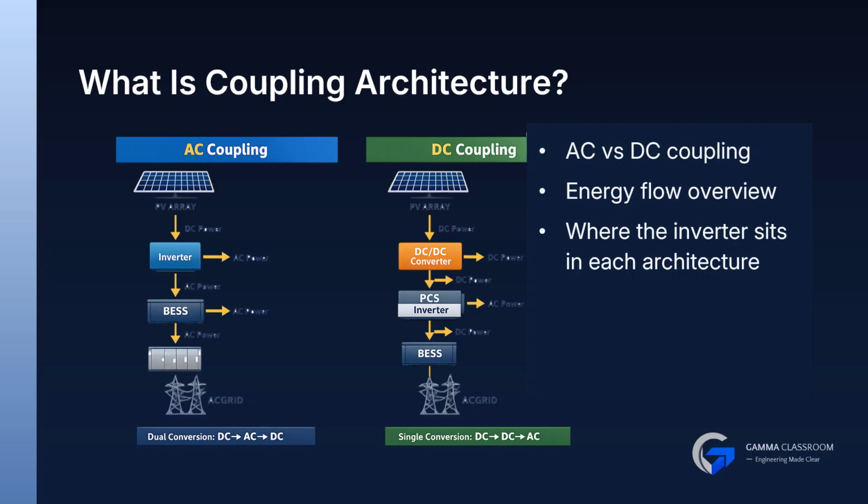In DC coupled systems, both share a common DC bus. Each architecture affects power flow, protection strategy, MPPT behavior, and compliance requirements. Choosing the right architecture is one of the most important early design decisions.